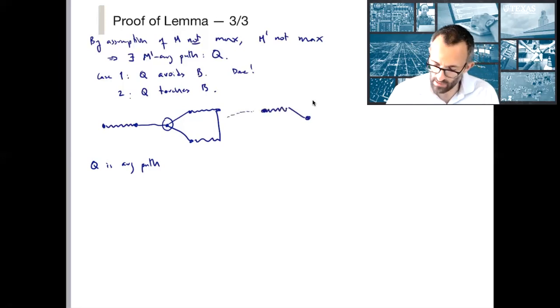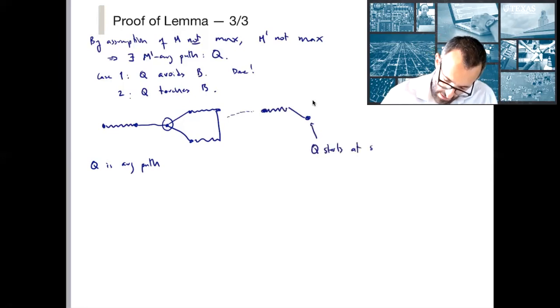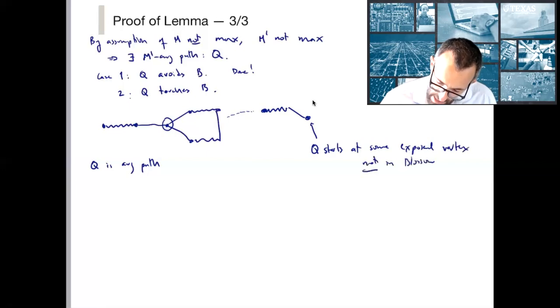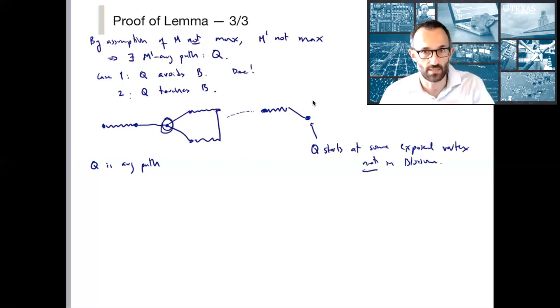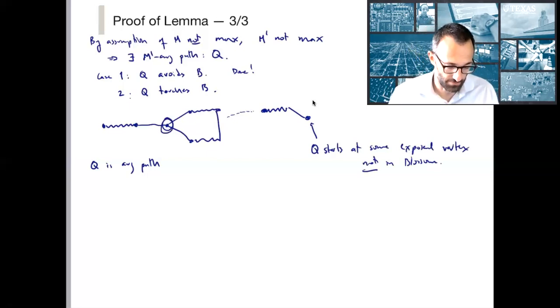I don't know what it does exactly, but Q starts at some other exposed vertex that has to be not in the blossom, because the blossom only has one exposed vertex, and we already know that that one exposed vertex is there because we created it.